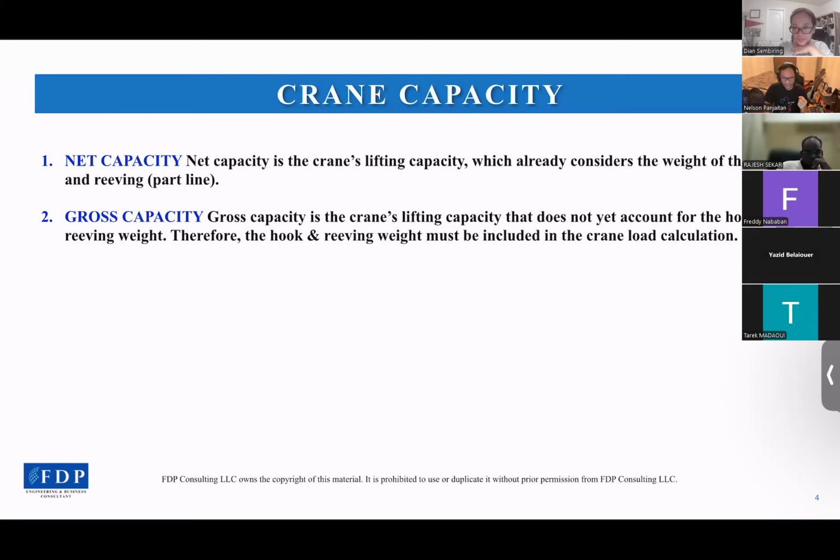Now, what is the net capacity of a crane? It is the crane capacity in which you already consider the weight of the hook and rigging or part line, while the gross capacity is the crane capacity which hasn't considered the hook and rigging weight. So we need to calculate the hook and rigging weight and consider it in the load calculation.